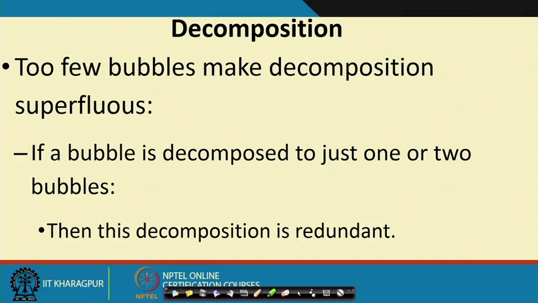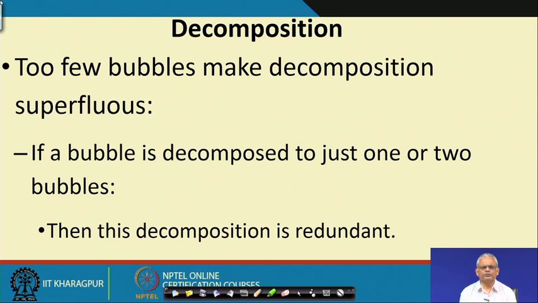And for decomposition, we need to take one bubble at a time and see what the sub functions are, and we need to decompose into between 3 to 5 sub functions in the next level diagram. We were discussing that if there are too few bubbles in the next level, then the decomposition does not achieve anything.